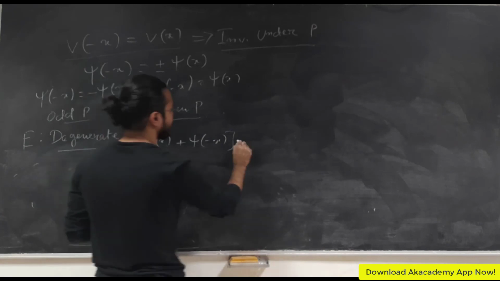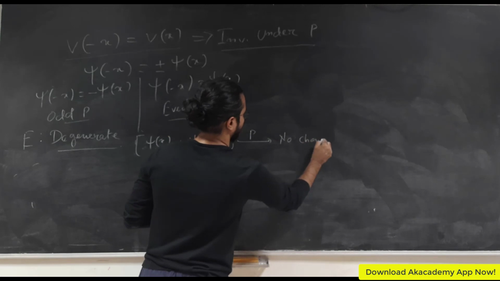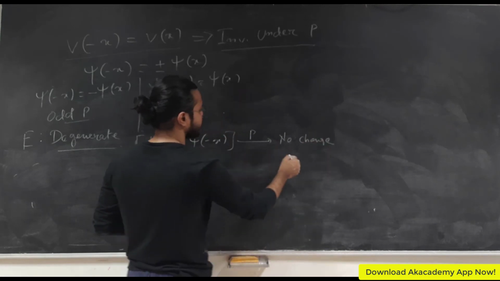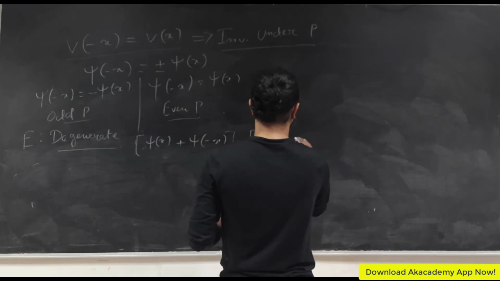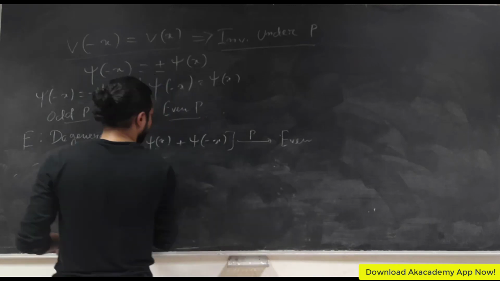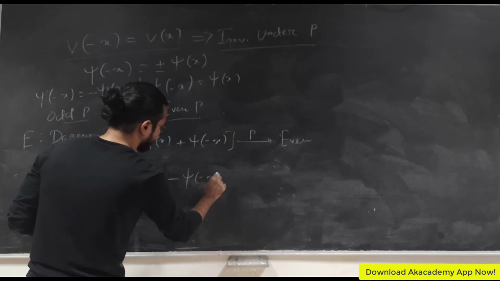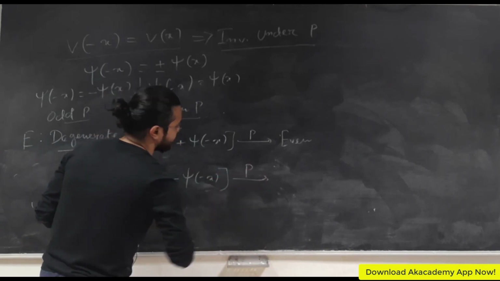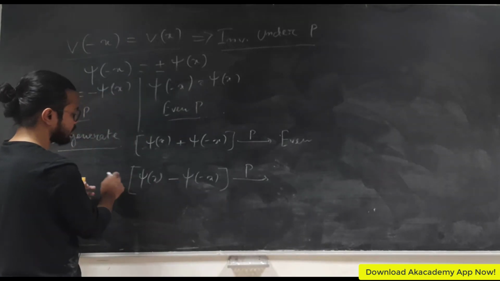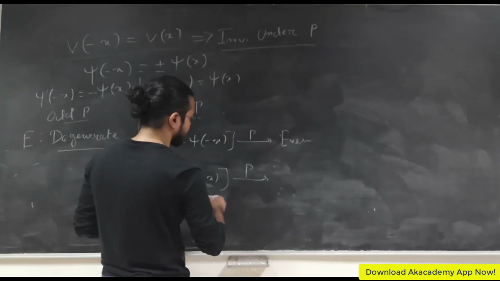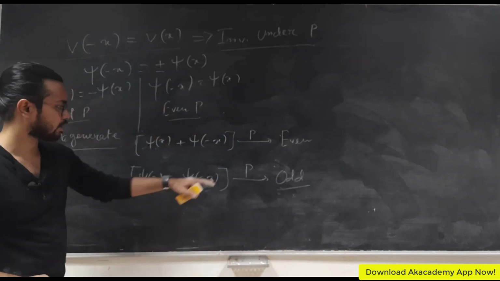Under parity this is no change, so this is even parity. Another choice is psi of x minus psi of minus x. Under parity this will flip the sign: this will be minus, this will be plus, so an overall minus sign comes outside, so this state gives us odd parity.